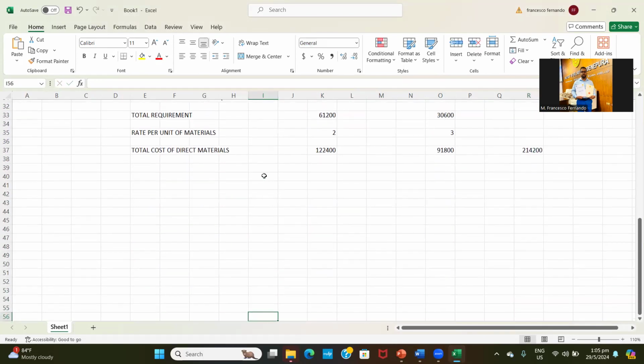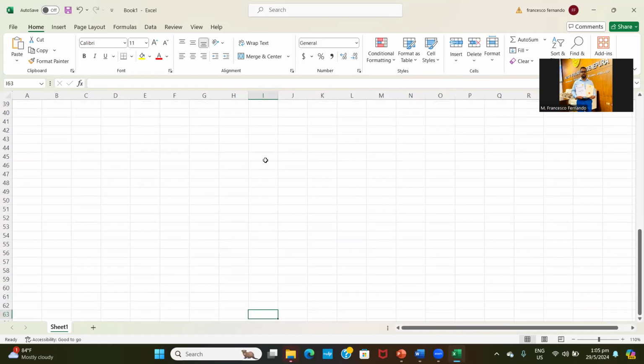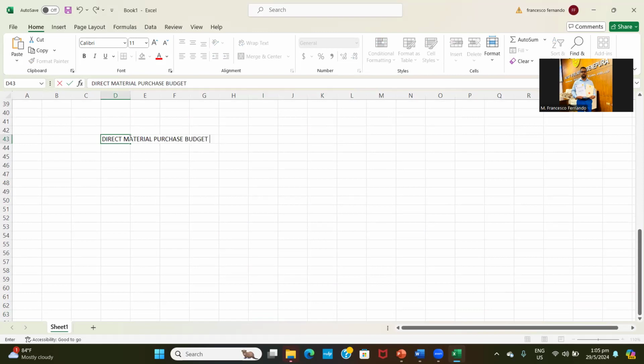Then if we move to the next type of budget, which is the direct material purchase budget. In the direct material purchase budget, first of all, we must take the material requirement, from where to take, the direct material usage budget.